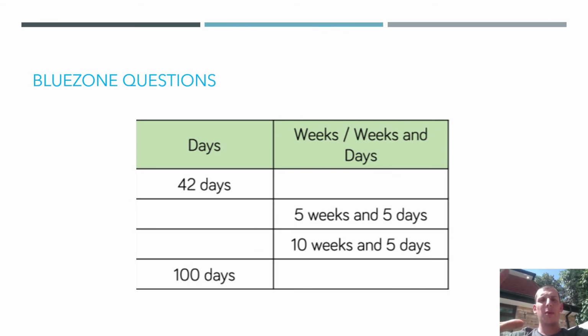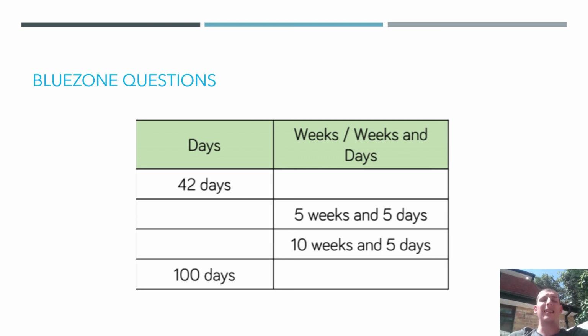Excellent. Blue Zone, you have a table to do here. Sorry, I'm going to start that again. That was very badly explained. So we have a table here. Here you have days. Here you have weeks or weeks and days. So you need to tell me how many weeks there are in 42 days, or there might not be an exact amount of weeks.